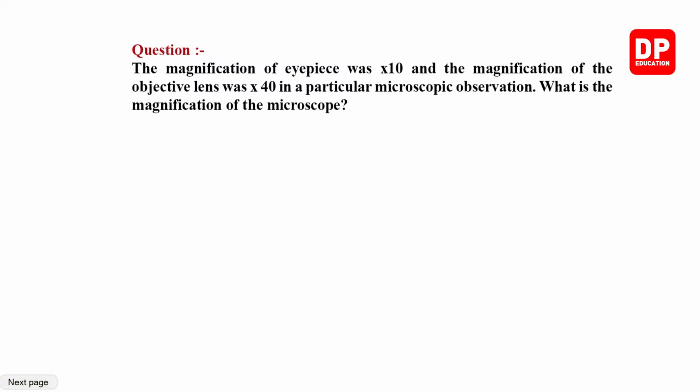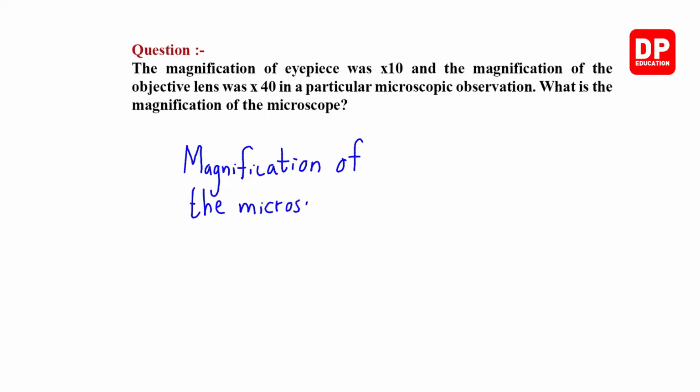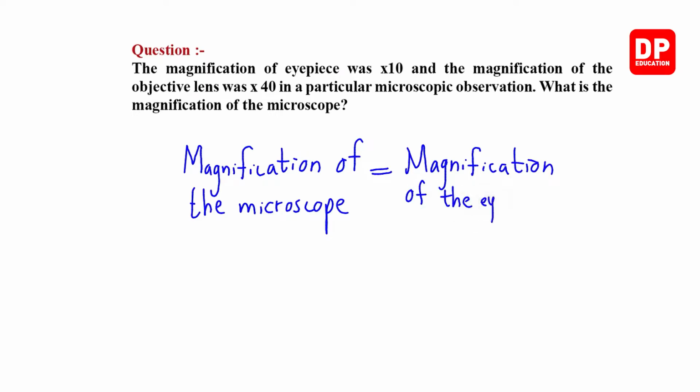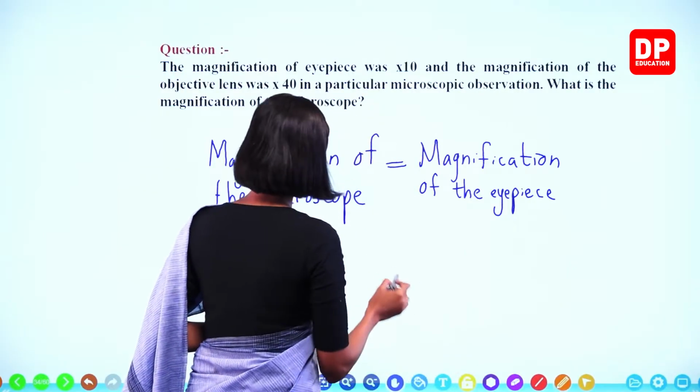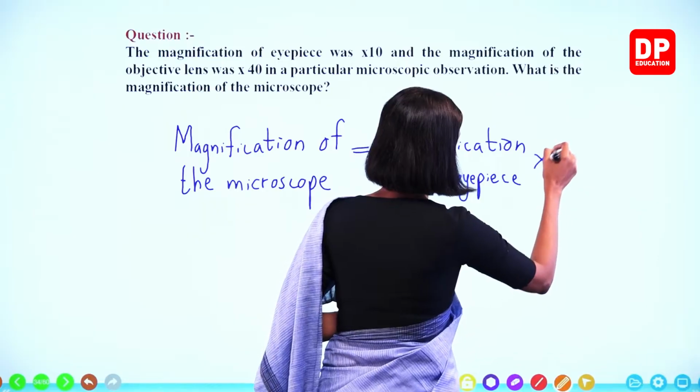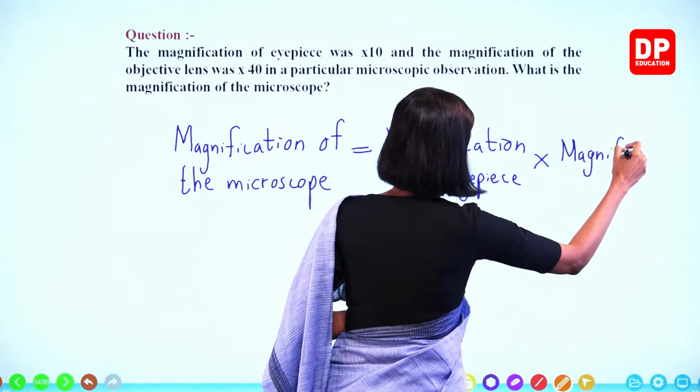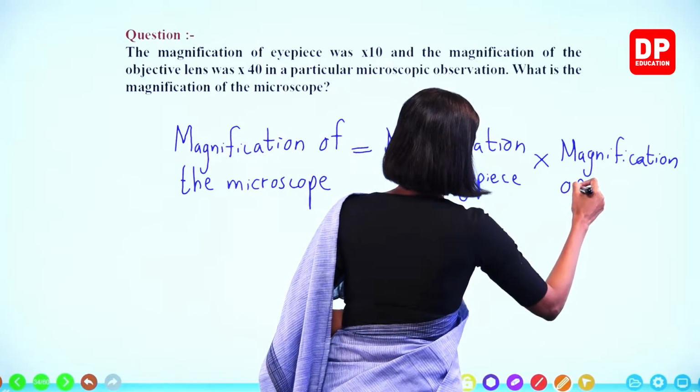Okay, let's do this. First, we will write the formula. Magnification of the microscope equals magnification of the eyepiece into the magnification of the objective.